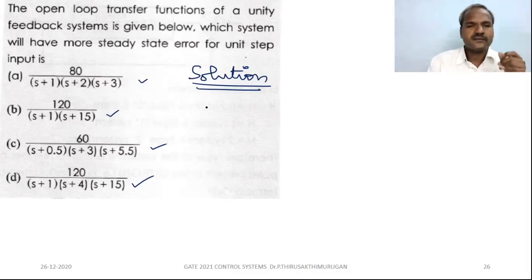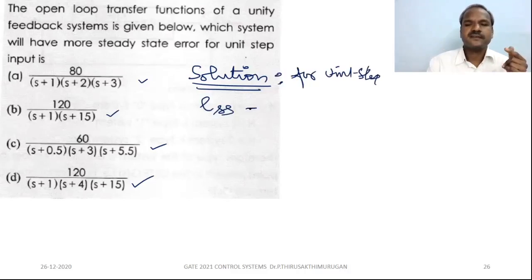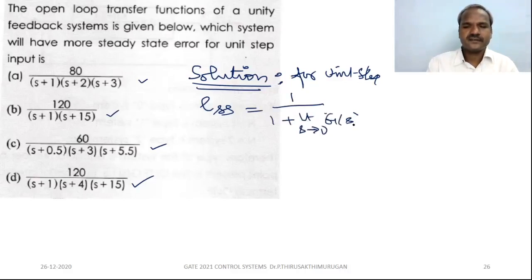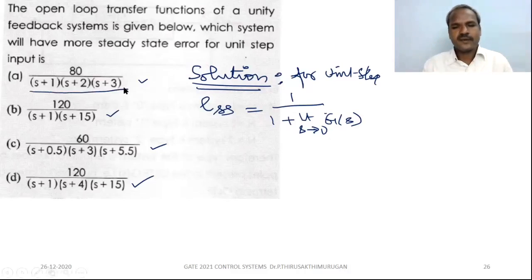For unit step, ESS equals 1 by 1 plus limit S tends to 0 of G of S. First, we put limit S tends to 0 for all the denominators.